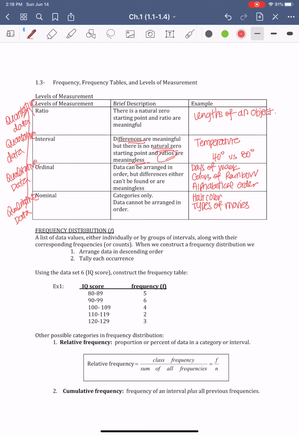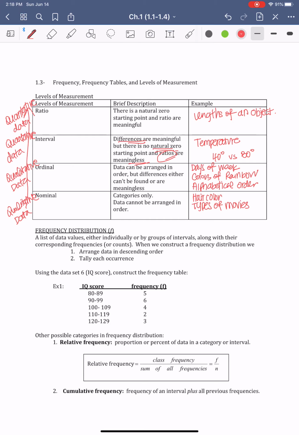You can find the difference, a difference of 40 degrees, but ratios are meaningless. The number goes twice, double, but that twice doesn't mean anything in temperature. We don't really say 80 degrees is twice as hot as 40 degrees, right? So that's what it means by differences are meaningful but ratios are meaningless.